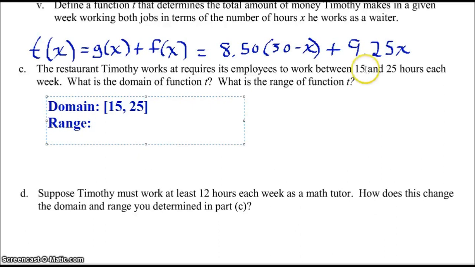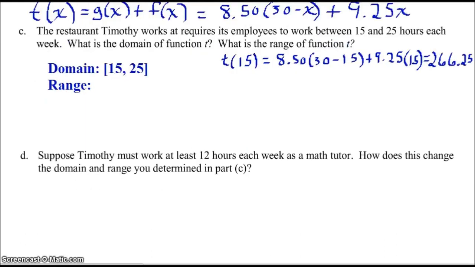So if we plug each of those values into our function T, we're going to get the smallest amount of money that he can make and the largest amount of money that he can make respectively. So notice I just took 15, the minimum value of my domain, plugged it into my function T, and I got 266.25.